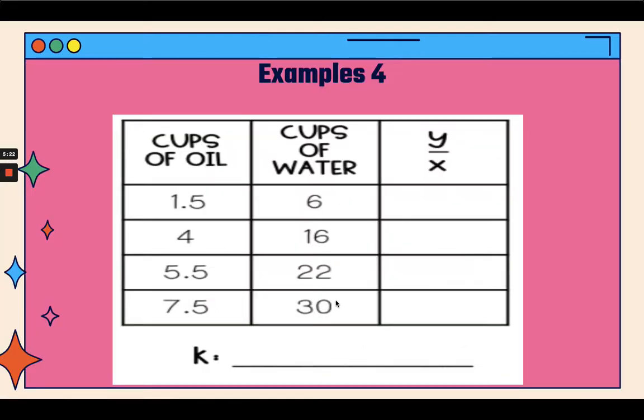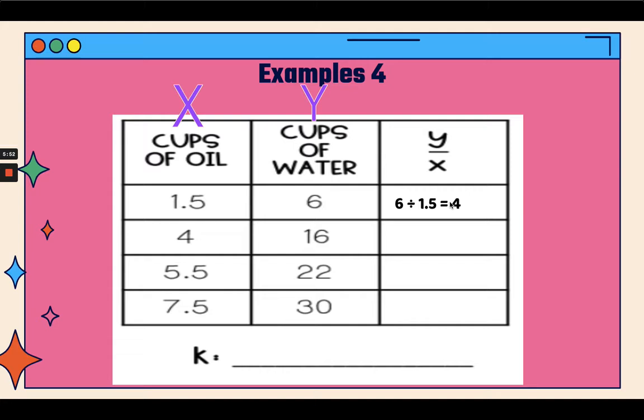All right, let's go through another example. We're going to do 2 more and then another on your own. So 1.5 times something equals 6. We can also think of it as 6 divided by 1.5 to find our constant of proportionality. So let's label. Here's my x, here's my y, because we always start by labeling. 6 divided by 1.5 equals 4.